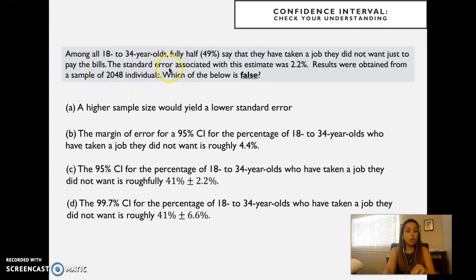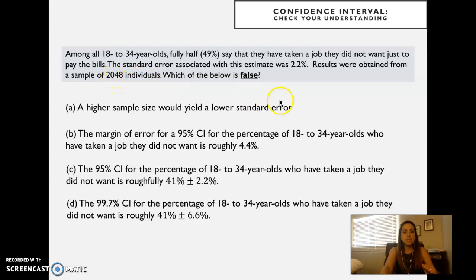The standard error associated with this estimate was 2.2%. That's the expected variation of the mean, computed by taking the standard deviation of the sample divided by the square root of the sample size. Results were obtained from a sample of 2048 individuals.